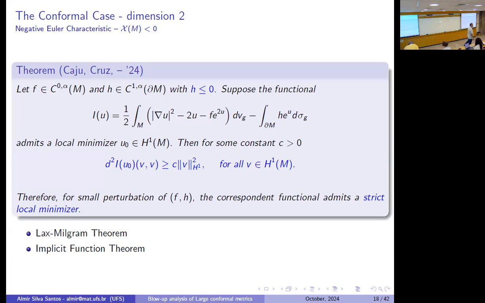You mean when you take the perturbation of the function? Yeah, because with this condition, if the minimizing sequence converges to U0, at some point it has to be a minimum point.